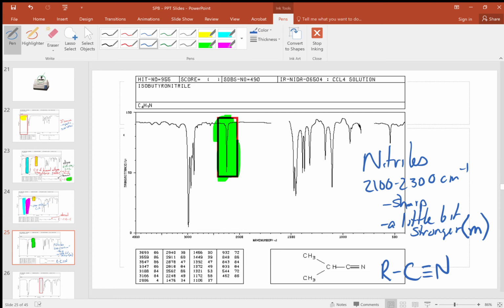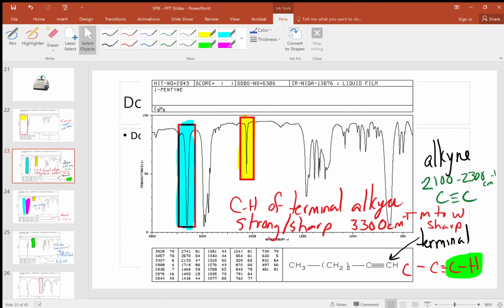But that does lead us to a fairly important question. If nitriles and alkynes show up in the same region, how can we distinguish between them? Because in the first alkyne we looked at, let's go back to it, the intensity of that alkyne peak, the transmittance, was 47%.